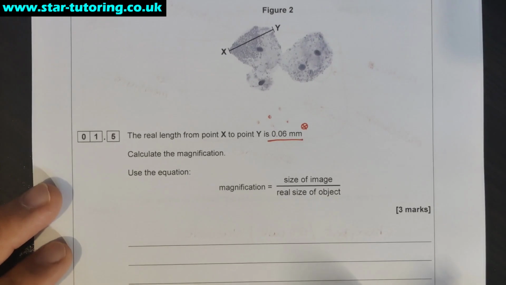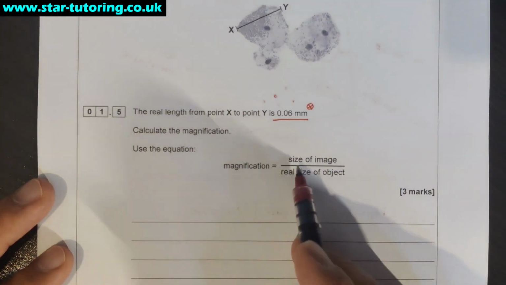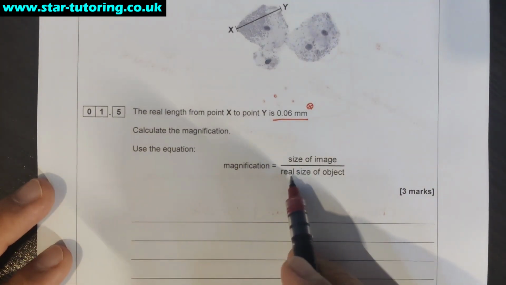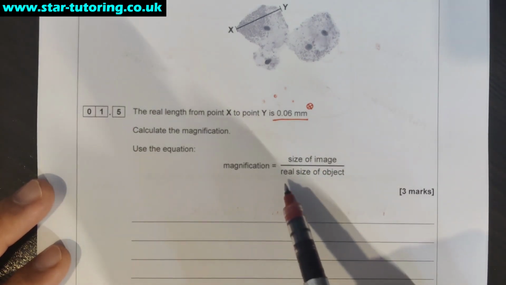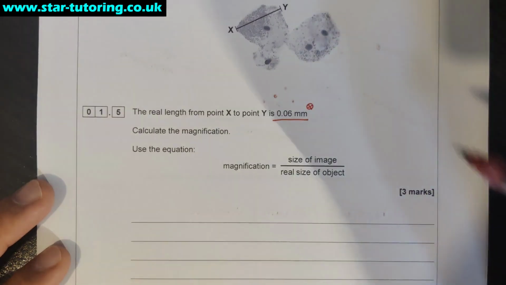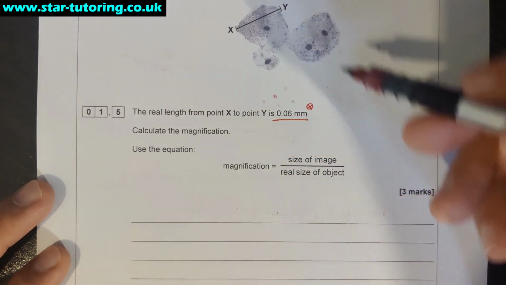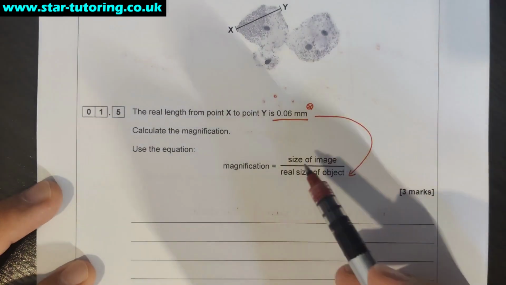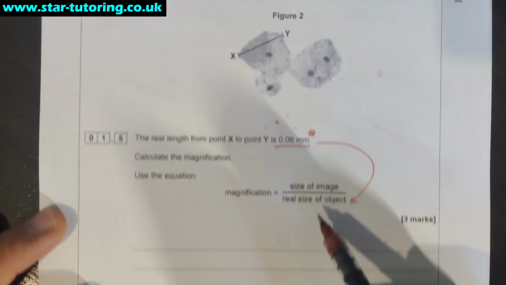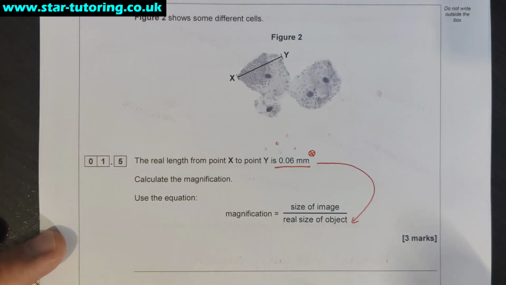Okay, so to calculate the magnification, you're going to need the size of the image and also the real size of the object. Now over here is telling us the real length of the object, and then the size of the image, you have to measure yourself, okay?